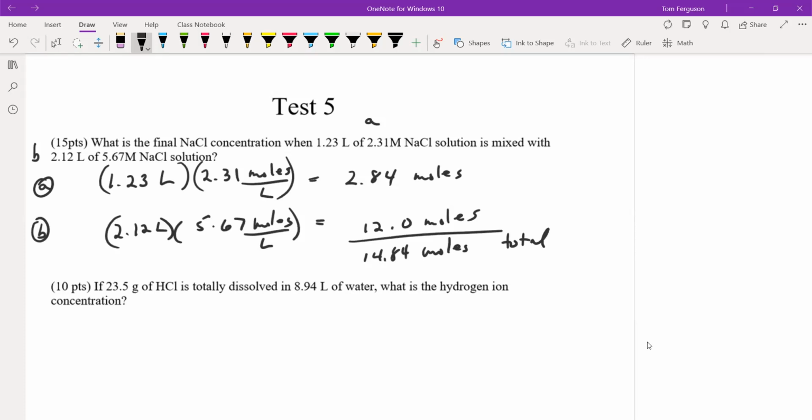Okay, so we're looking at 14.84 moles total between the two of them.